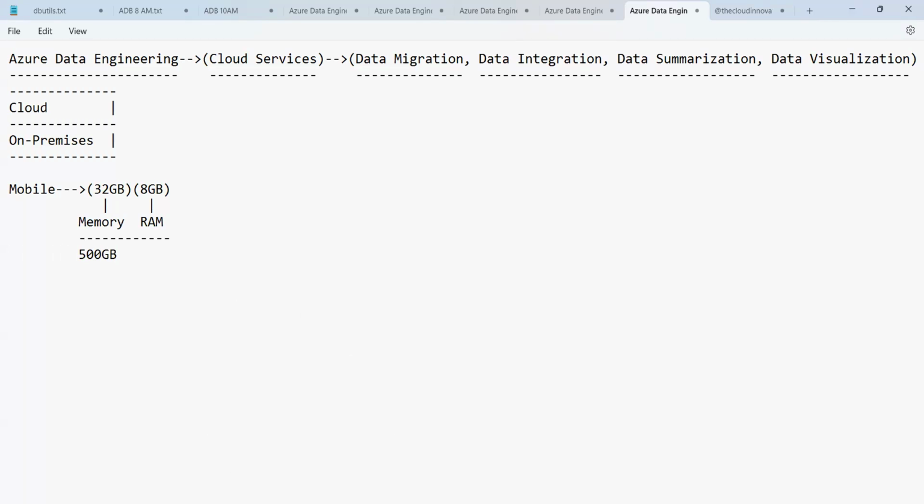You already took the pictures, and you want to store these 500 GB of data in your mobile phone. Now tell me, does your mobile phone support storing 500 GB of data when its capacity is 32 GB?